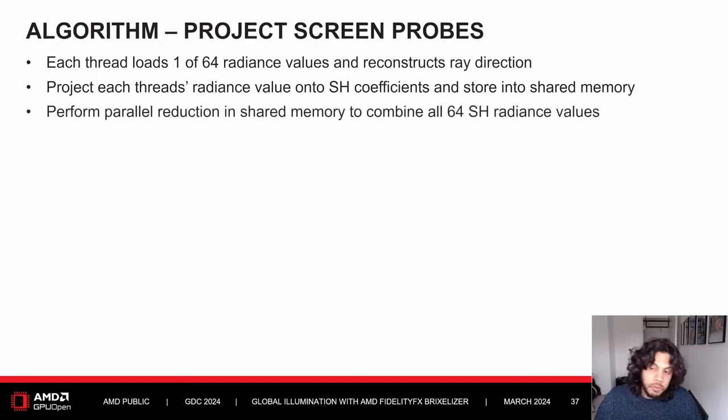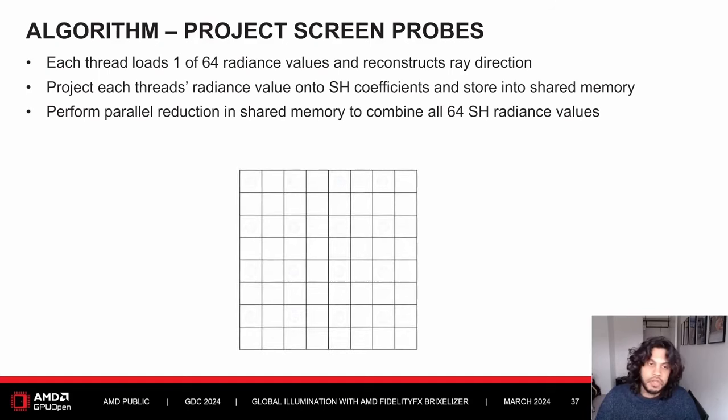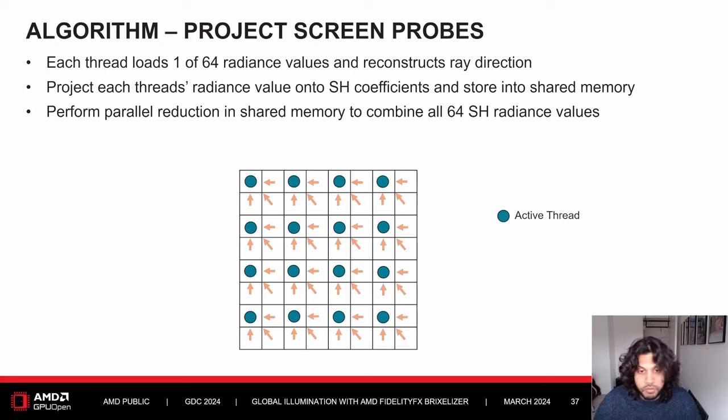Finally, we will perform a parallel reduction in shared memory to combine all 64 radiance values. This is done over 3 iterations, with each active thread combining 3 neighboring radiance values. The first iteration uses 4x4 threads with a stride of 2 between each thread.